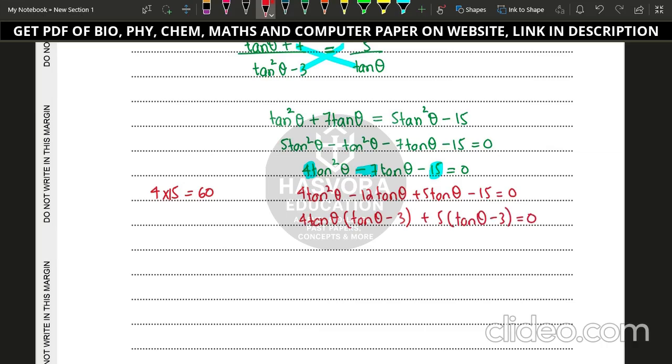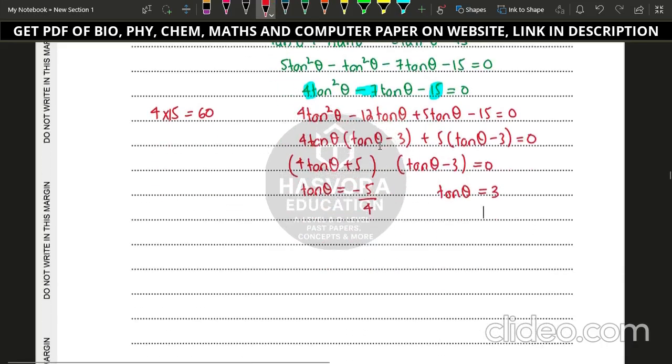Your one factor is 4 tan theta plus 5, and the other one is tan theta minus 3, equal to 0. So this becomes tan theta is equal to minus 5 by 4, and the other one is tan theta is equal to plus 3. Now remember, we are going to be finding the basic angle.